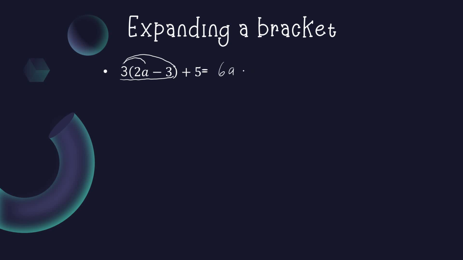But since over here is minus, so minus 9. And then we plus it by 5. That equals 6a minus 4. Remember, you have debt 9 and then you pay 5. So you are still in debt 4.